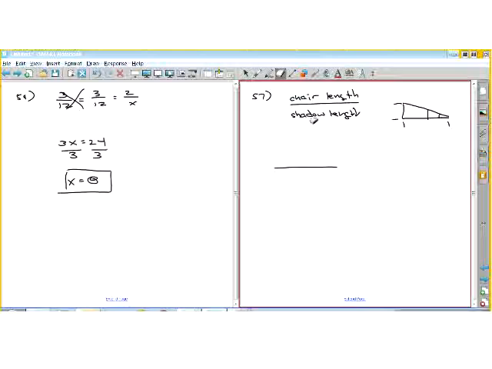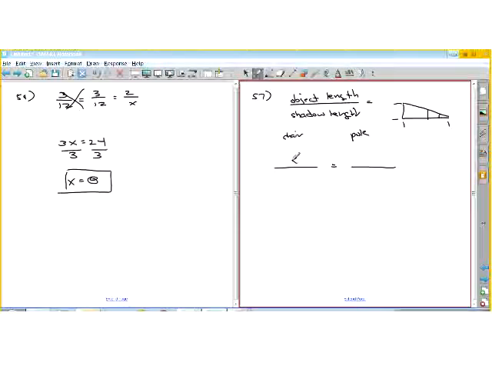Well, maybe it is. It really should be object length to shadow length. That's where I made my mistake. So the object, we're going to put in the numerator. So let's try it again. This side is going to be the chair, this side is going to be the pole.